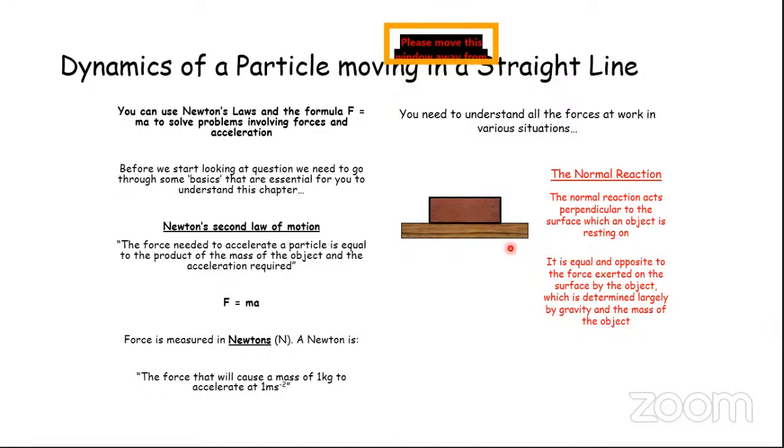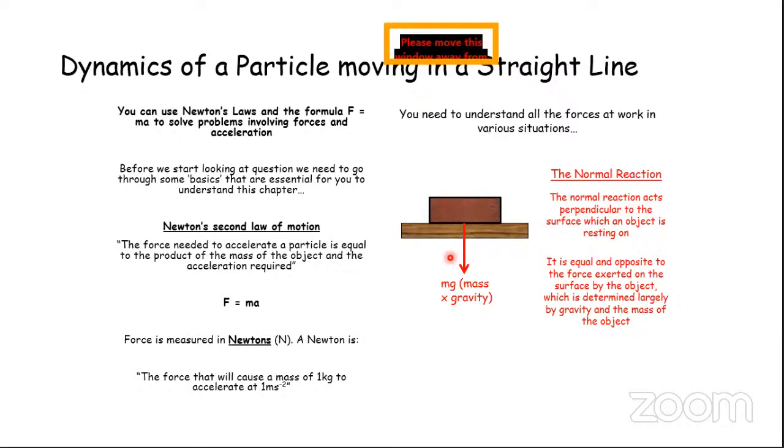Okay, thank you. So this normal reaction force is perpendicular. So any object, even us, we have weight. And that weight, we get it by getting mass times the acceleration due to gravity. So this acceleration due to gravity acts towards the center of the Earth, and that is why this arrow is moving downwards.